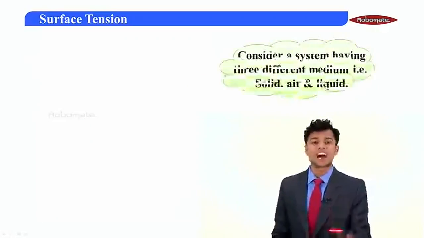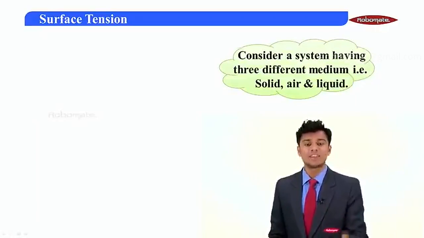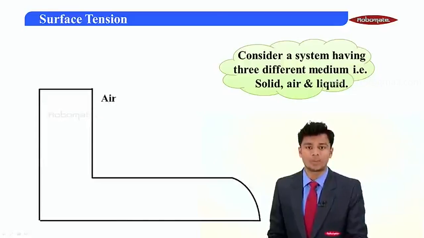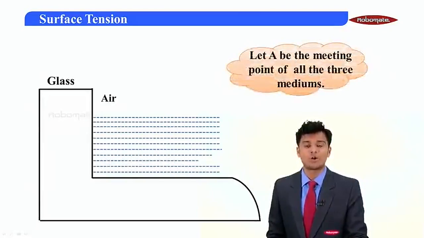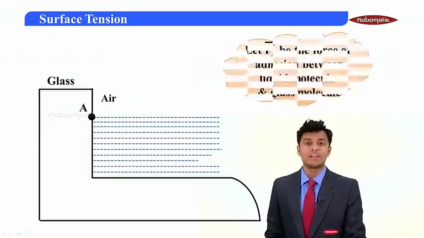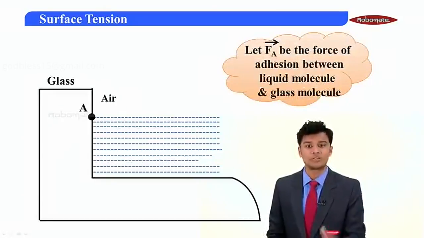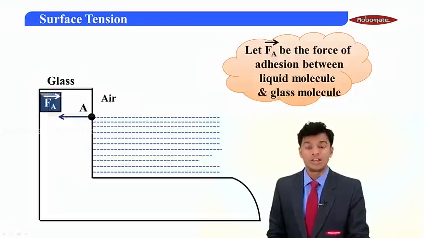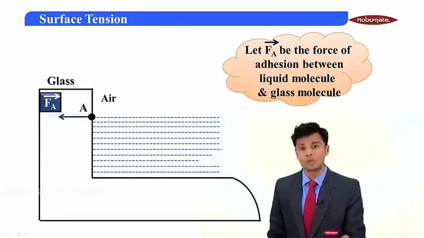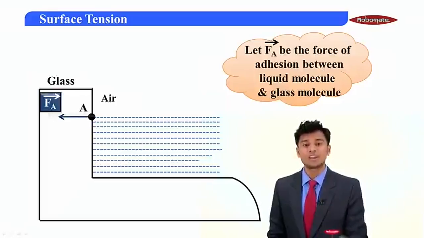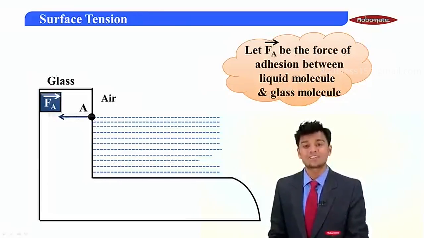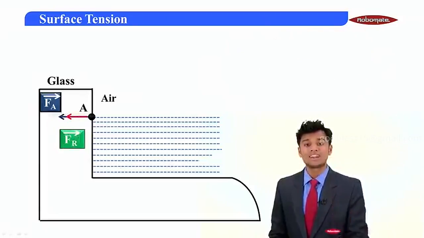Now, considering the last case, I again have three different media, that is solid, air and liquid. Again I have A as the common meeting point of those three media, and this time let Fa bar be the force of adhesion between liquid molecule and glass molecule. Now class, when we talk about pure water, the force of adhesion is so high that we actually neglect the force of cohesion between water molecules. Since we are neglecting Fc bar, this time the resultant is also along the same Fa bar.